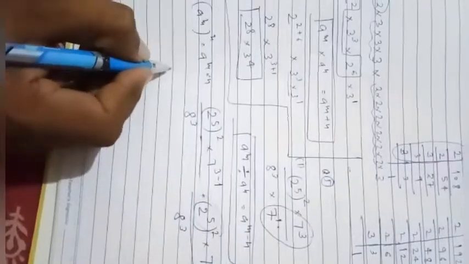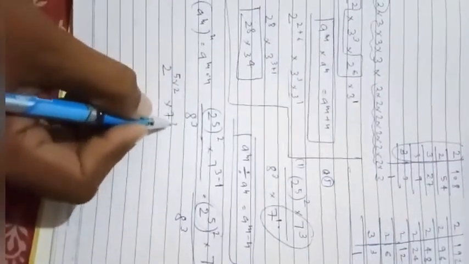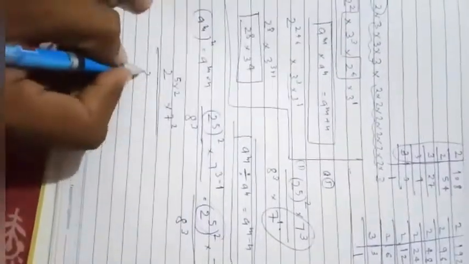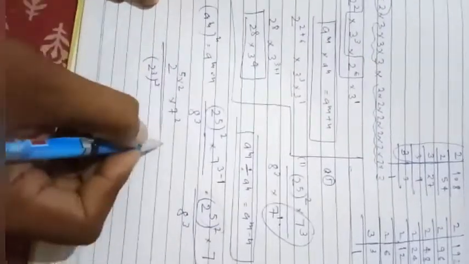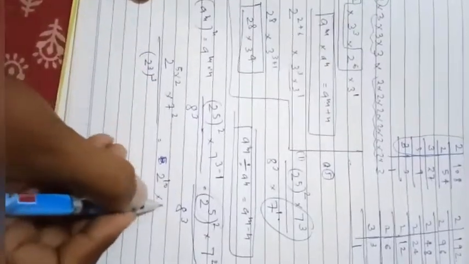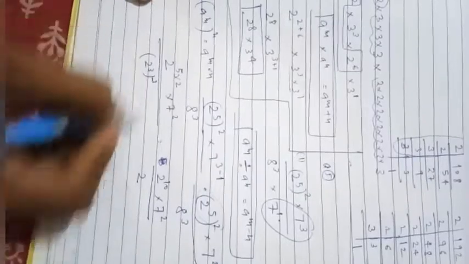So when you will apply this, you will get 2 raised to 5 into 2 into 7 raised to 2 upon 8. You can write 2 raised to 3, and again the power 3 is written, so you have to write 3 here. So this would be 2 raised to 10 into 7 raised to 2 upon 2 raised to 3 into 3, which is 9.